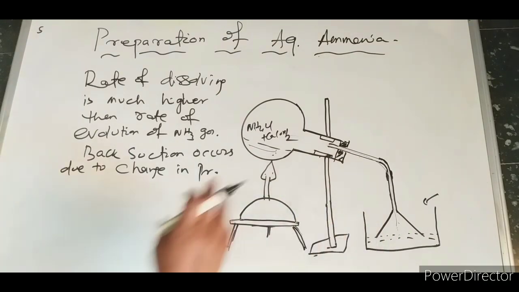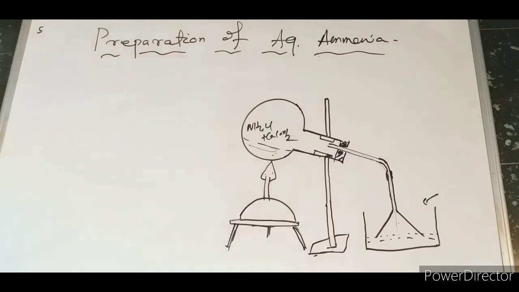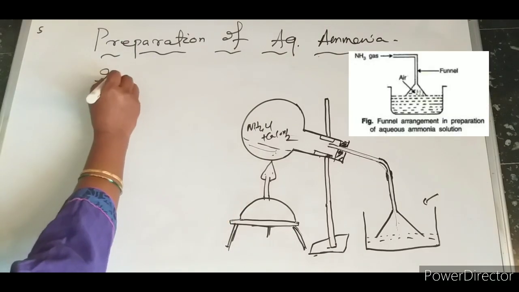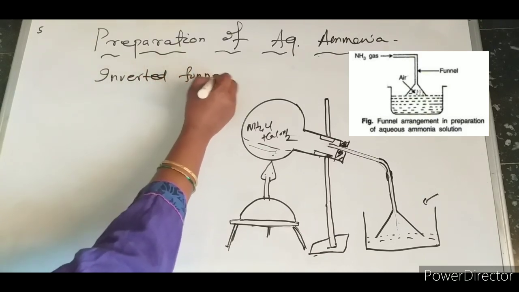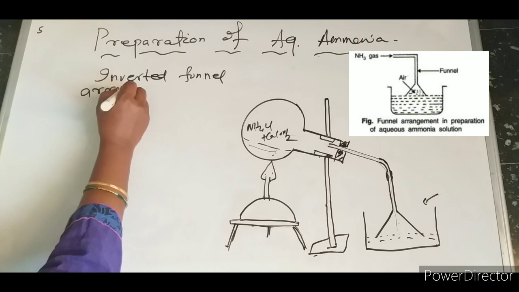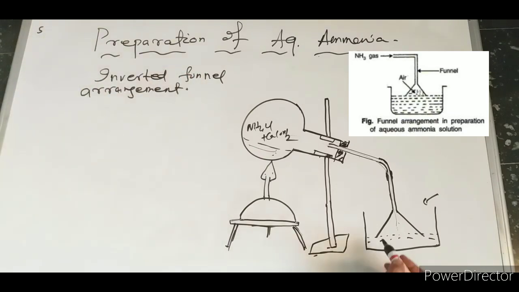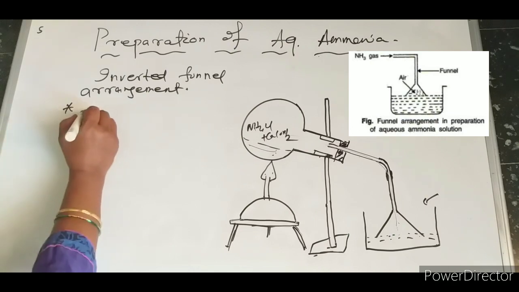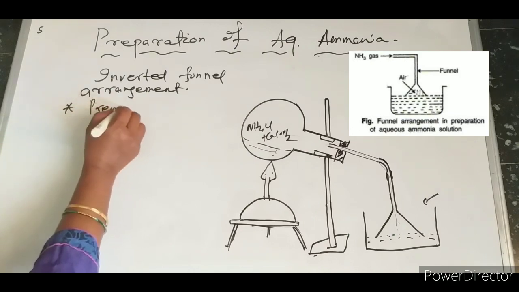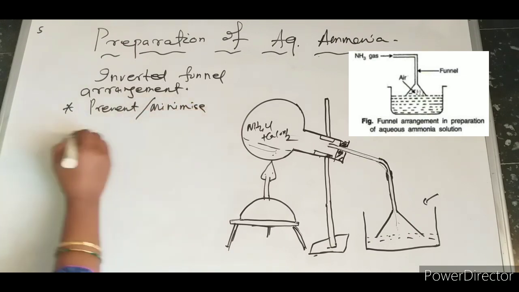To avoid or prevent back suction, we use an inverted funnel arrangement. What is it for? Just as in the case of HCl, it minimizes back suction.